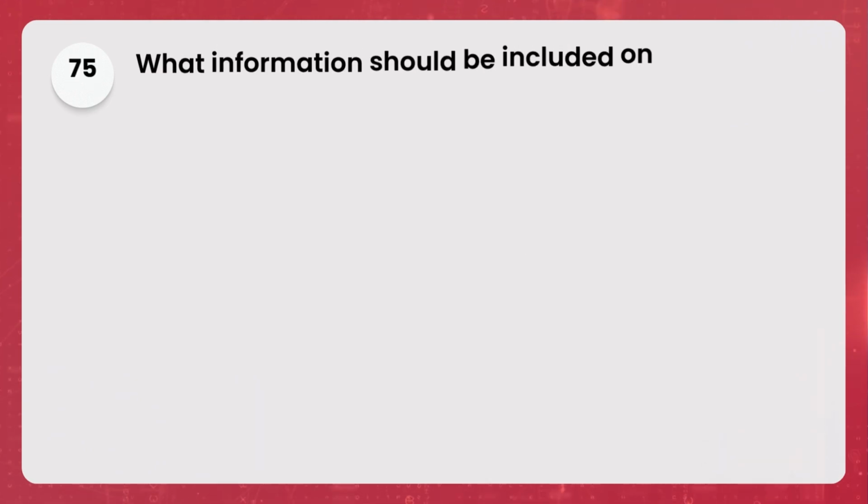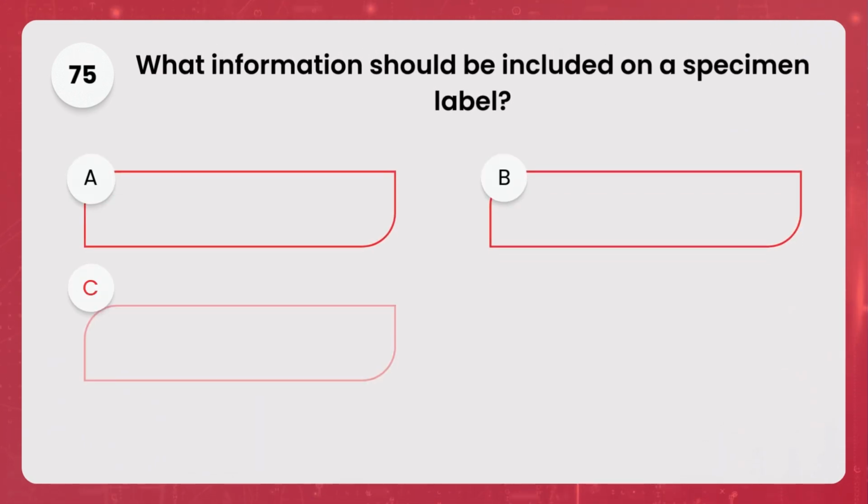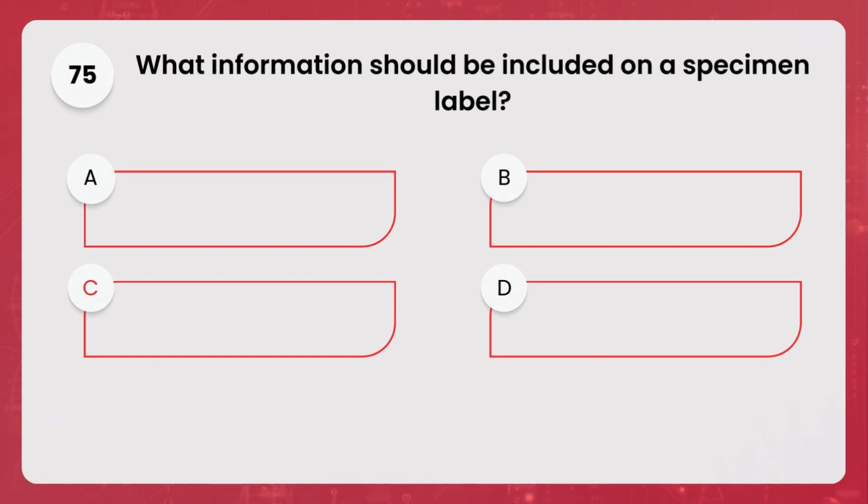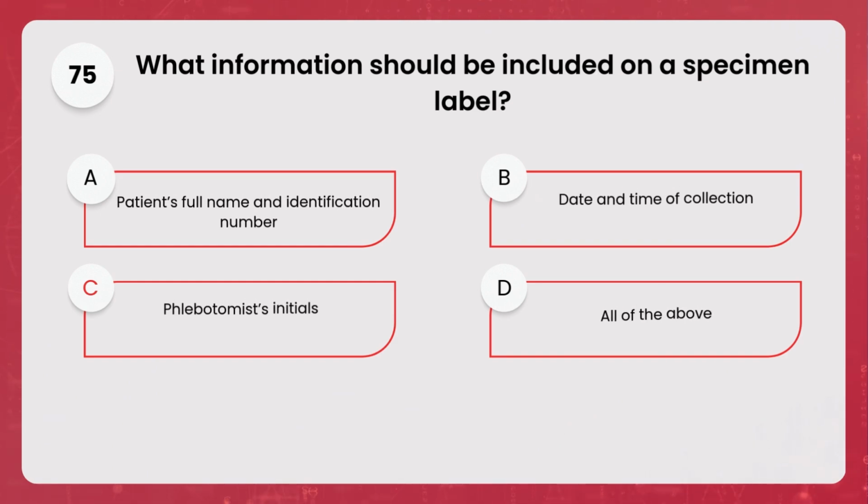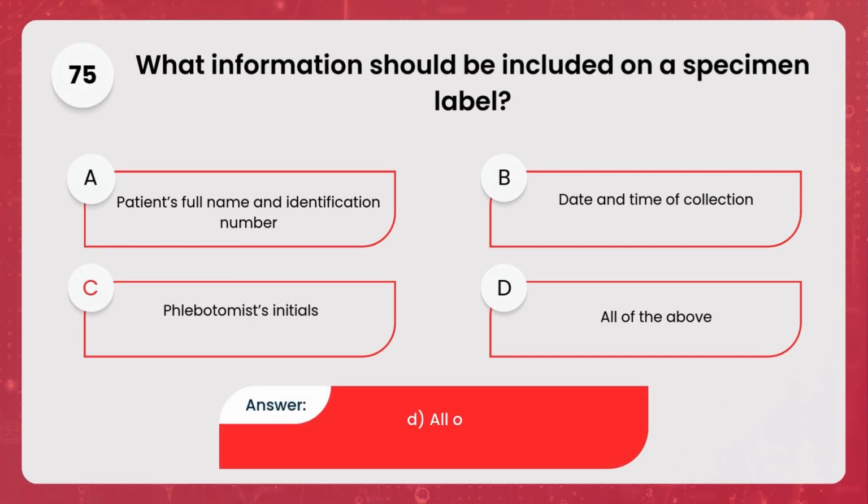Number 75. What information should be included on a specimen label? A, patient's full name and identification number, B, date and time of collection, C, phlebotomist's initials, or D, all of the above? The answer is D, all of the above.